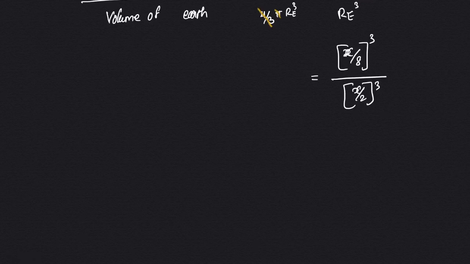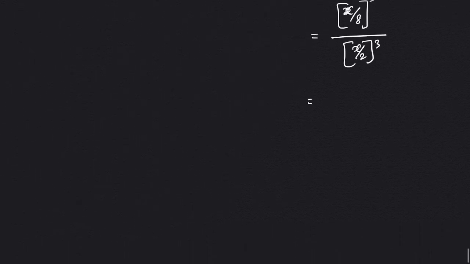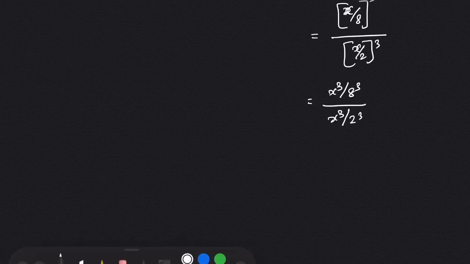Then simplify. Both x are cancelled. So we have x cube divided by 8 cube, then x cube divided by 2 cube. Then just cancelling the common terms, x is common, so just cancel. After that, this term is moving to upper and this is moving to downside because of 1 by.